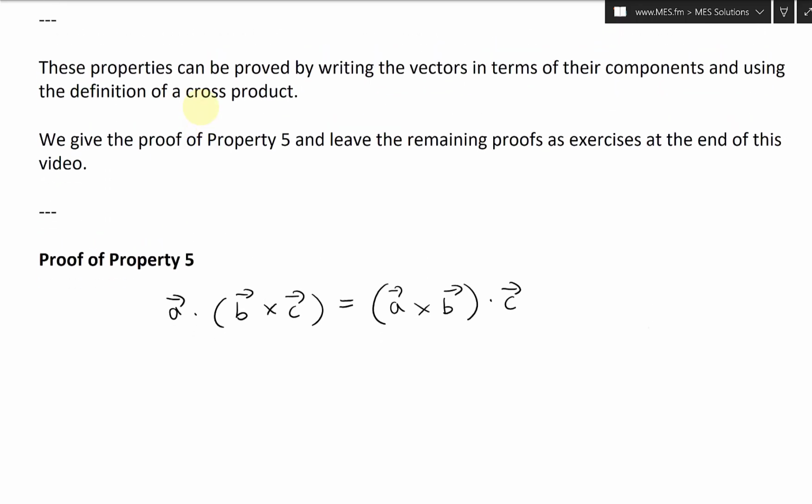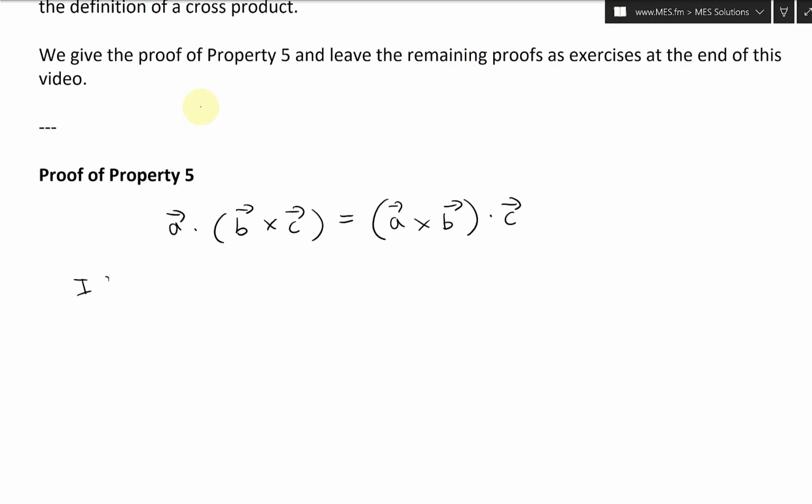Alright, so now that we have this, let's write it out. Let's say we have our vectors as typical.